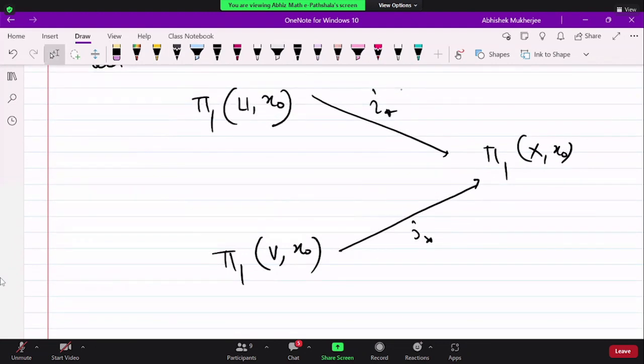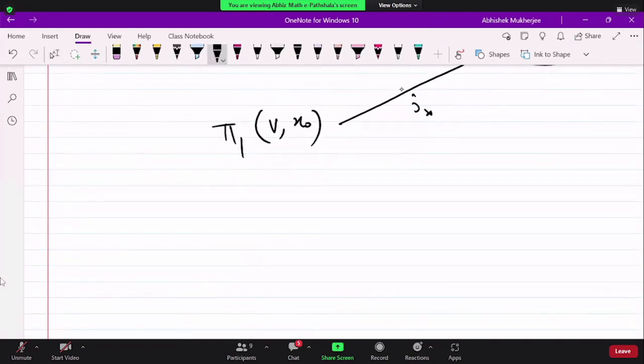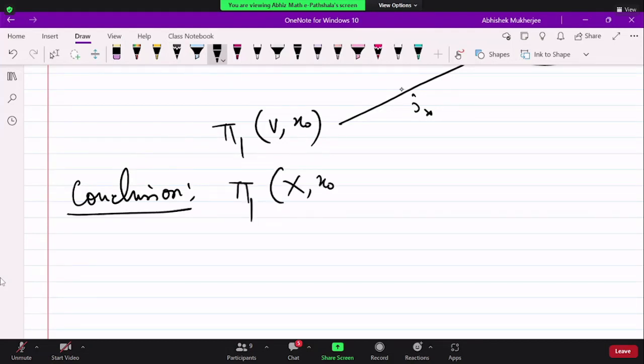So this I star of pi1 U will be sitting inside the fundamental group of X, and J star of pi1 V will be sitting inside the fundamental group of X. And you can conclude that the fundamental group of X can be generated by these images of the fundamental groups of U and V, with respect to I star and J star.